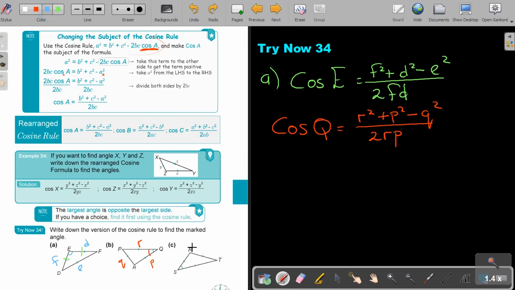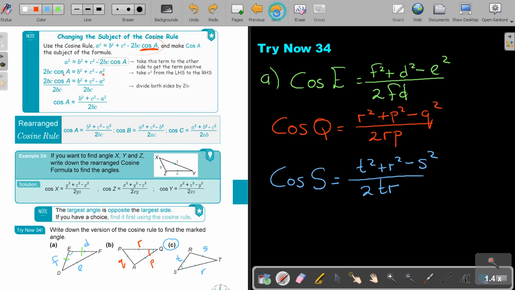And then the last one: this is s, this is r, this is t. So cos of s is equal to t squared plus r squared minus s squared, divided by 2tr. And that's the answer.